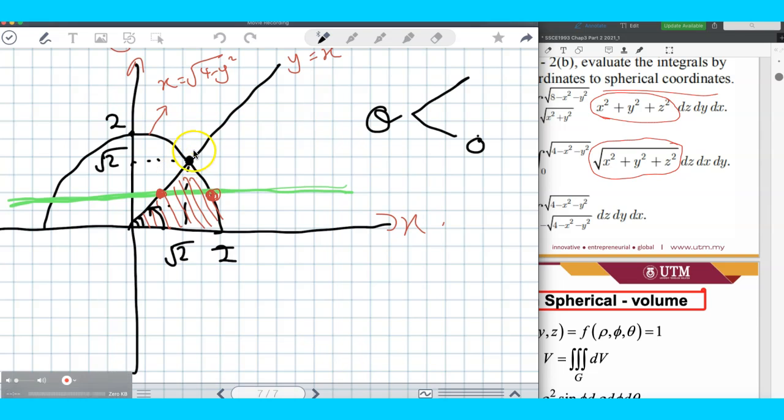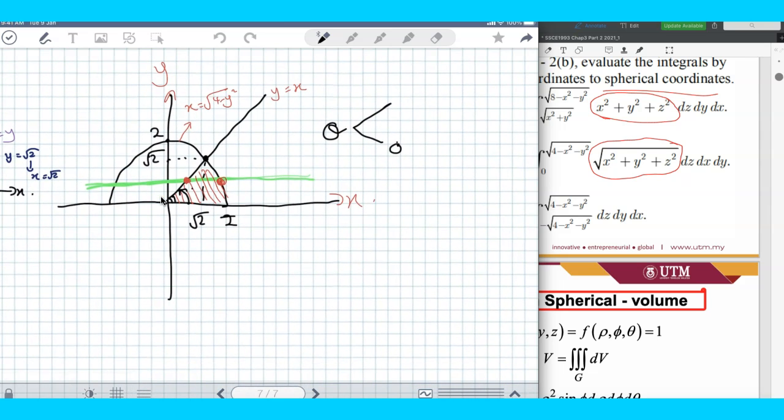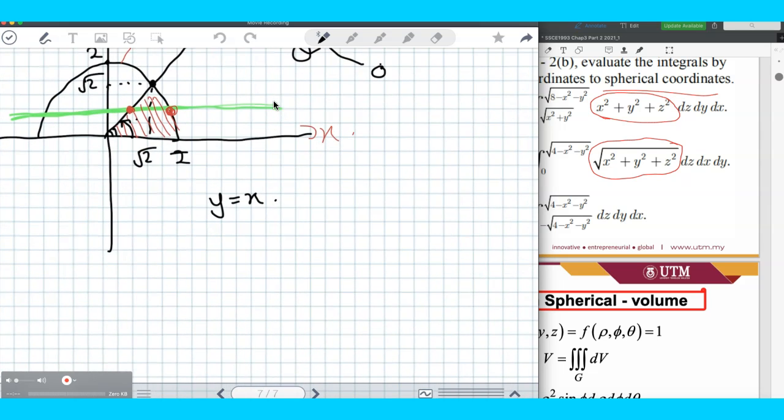You have to find what this line is in the polar coordinate system. In previous examples, a long time ago, I showed you how to get the theta from this line. The equation of this line in Cartesian coordinates is y equals x. You have to convert into polar: y is r sine theta and x is r cos theta, so r can be cancelled out.